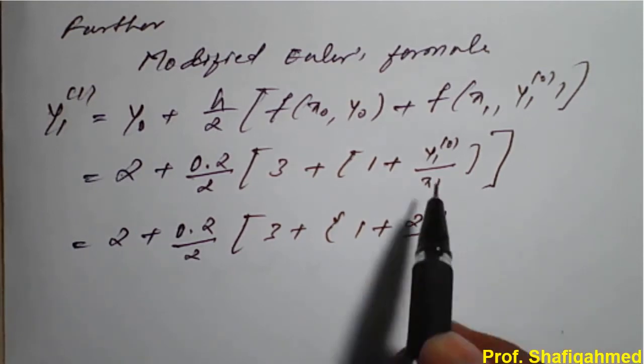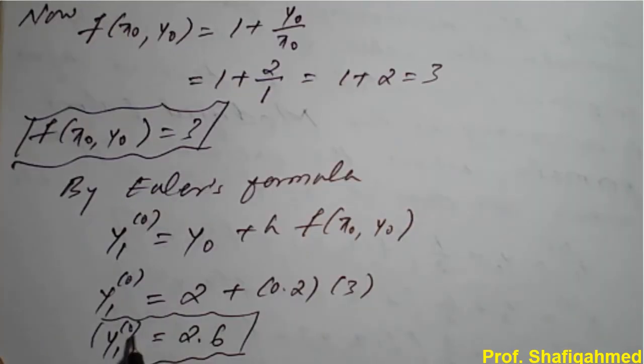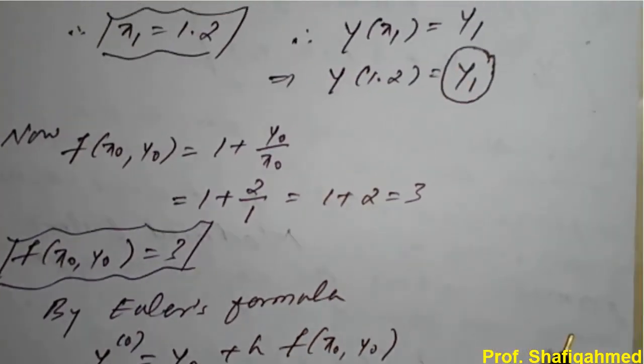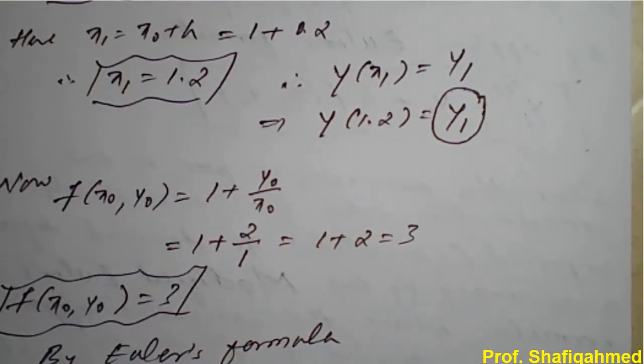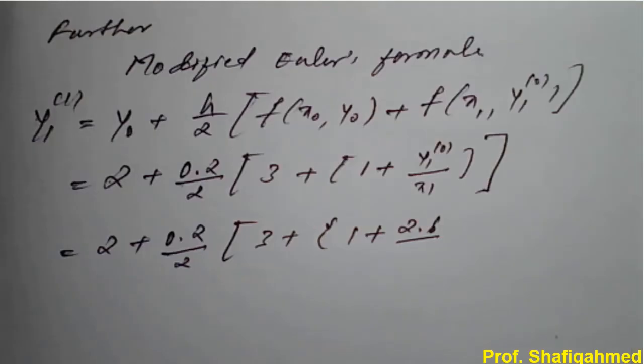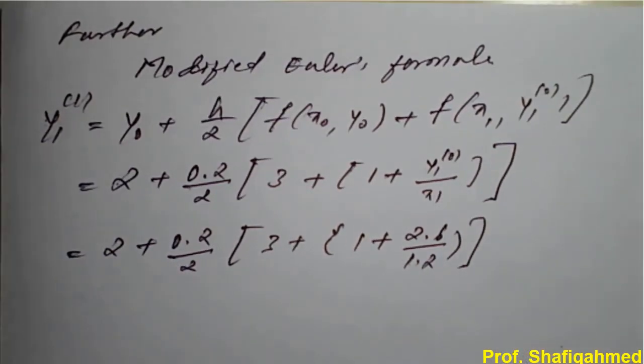So I will show you y1 of 0 value and x1 value now. y1 of 0 value is 2.6 and x1 value we have calculated, it is 1.2. So both values we need to replace there. It is 1.2, close the bracket.